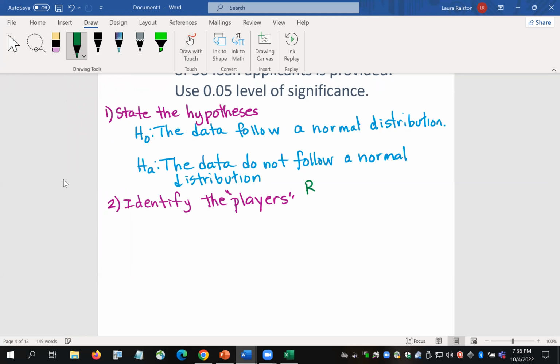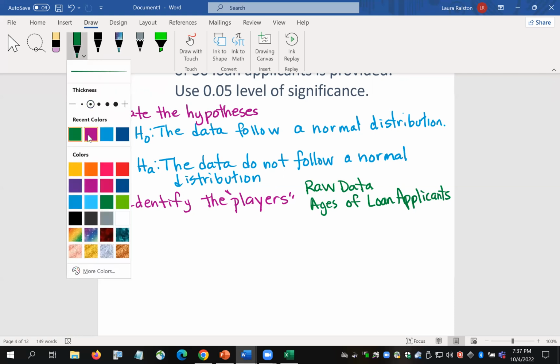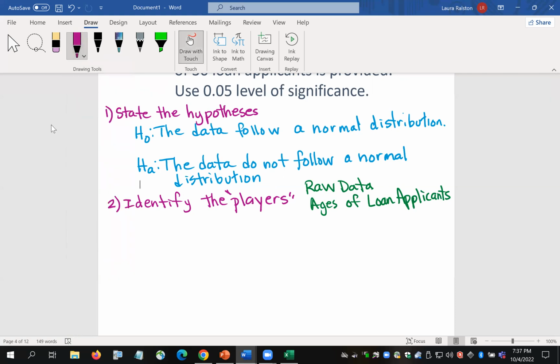So we need the raw data for the ages of loan applicants, which we have because Ms. Ralston provided it in D2L.